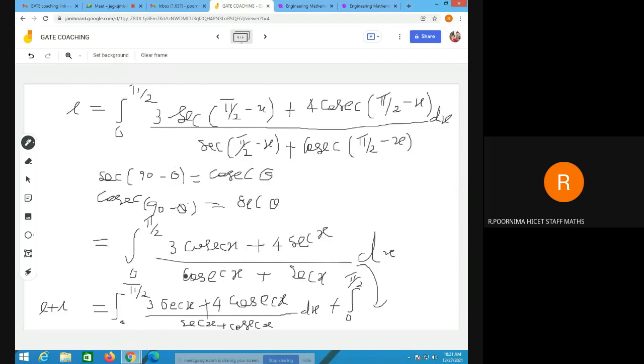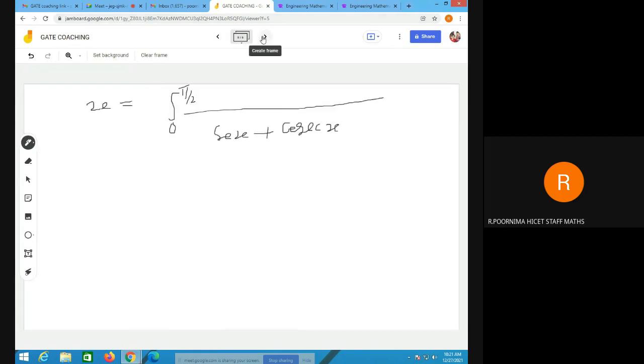Taking secant x common you get 3 plus 4, and taking cosecant x common you also get 3 plus 4, so we get 7 as a constant.